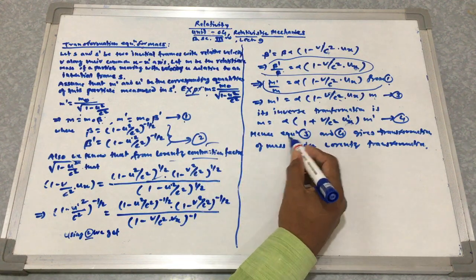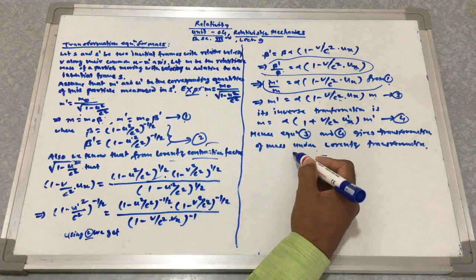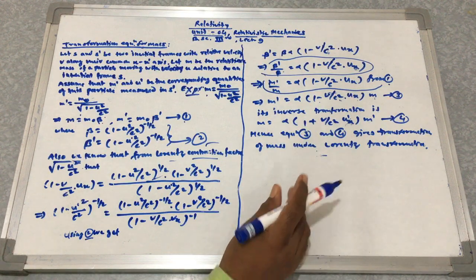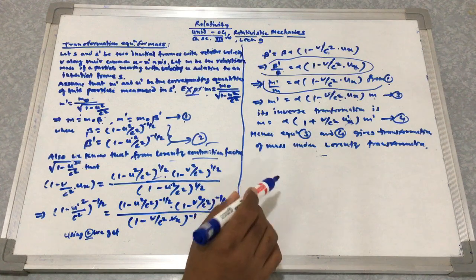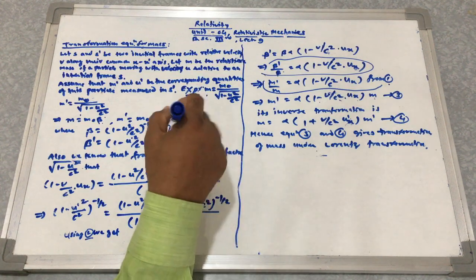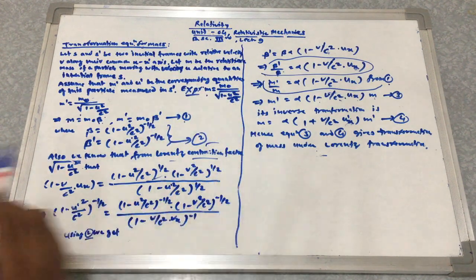So equations 3 and 4 give the transformation of mass under the Lorentz transformation, which you have to prove. That is the transformation equation for mass. This is what we had to discuss.